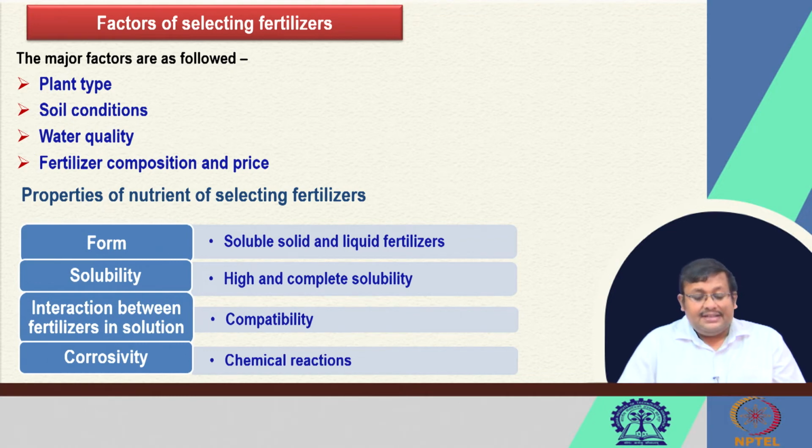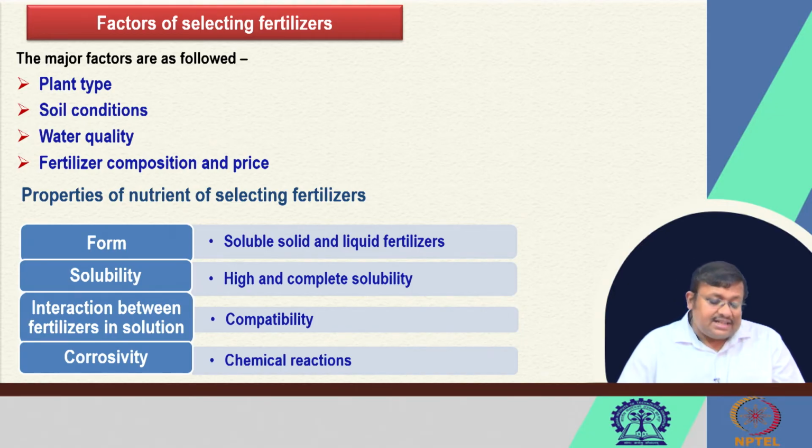Now, what are the properties of nutrient which are important for selection of the fertilizer? First of all, form, this is the most important property. Whether that form is a soluble form or liquid form, these are important factors for selecting the fertilizers. Secondly, whether they have high solubility or low solubility, that is also an important consideration when we select the fertilizer for fertigation.